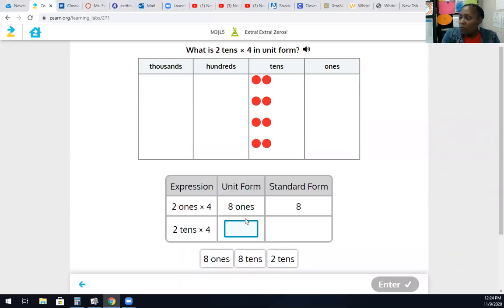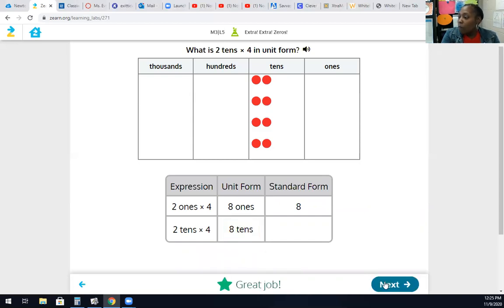Now it's asking me, what is that in unit form? Now, if we're looking at how I did it before, and I did 2 ones times 4 is 8 ones, then what do you think 2 tens times 4 is? 8 tens. Is that correct? Let's see. Great job.